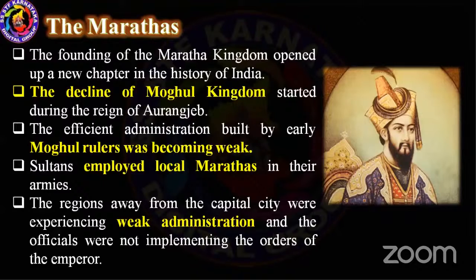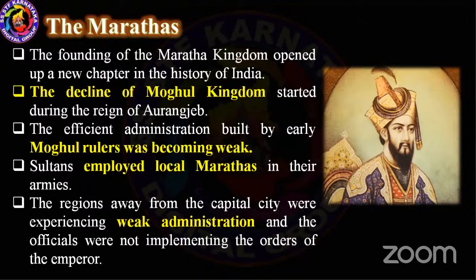The first reason is that rulers did not show interest in administration and spent a luxurious life. The second is their religious policy, because they tried to convert local people and forced them to accept their religion. Therefore, it is also a reason.